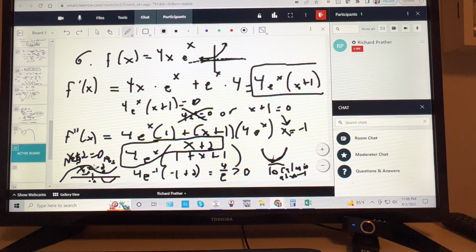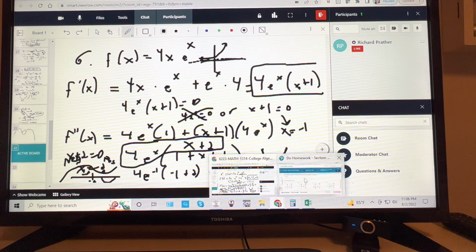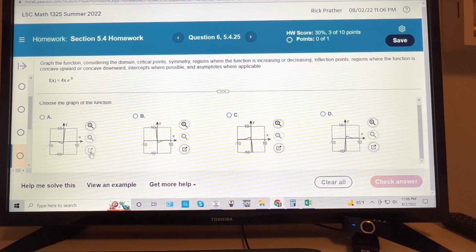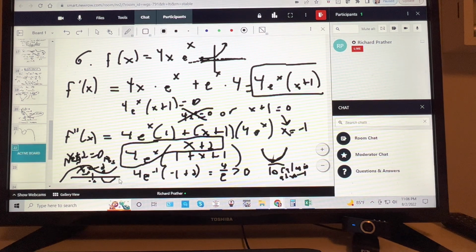So we can check our graphs and say which graph has a -2 inflection point and which graph has a local minimum at -1. And again, some of these are hard to tell. This is concave down at first, and then concave up, so that's right. But see, this one's concave up first. Plus, B is out because our key points are -2 and -1.